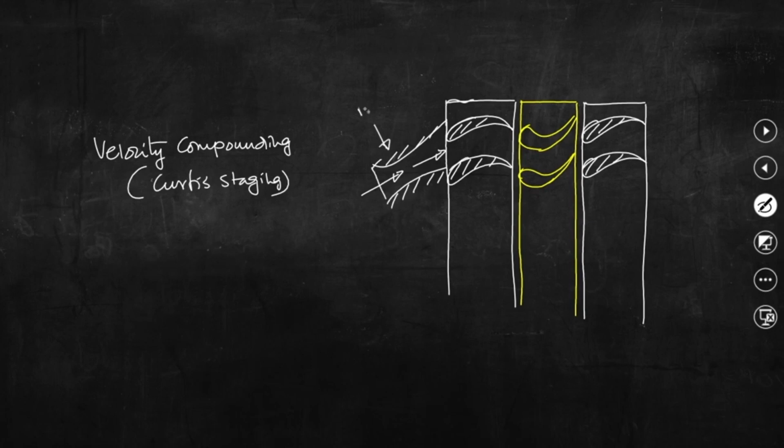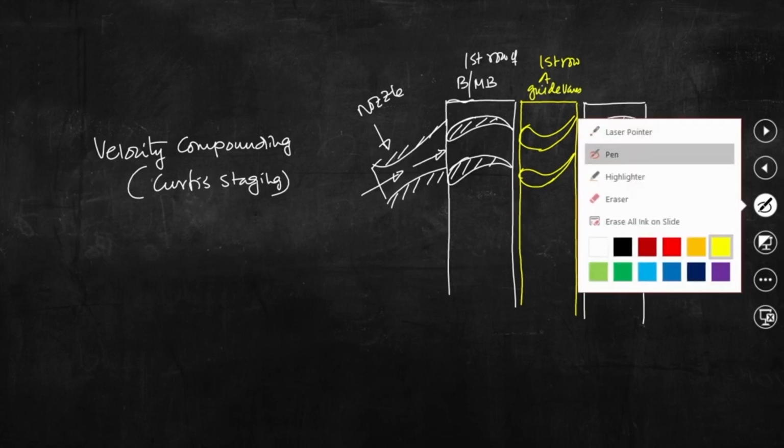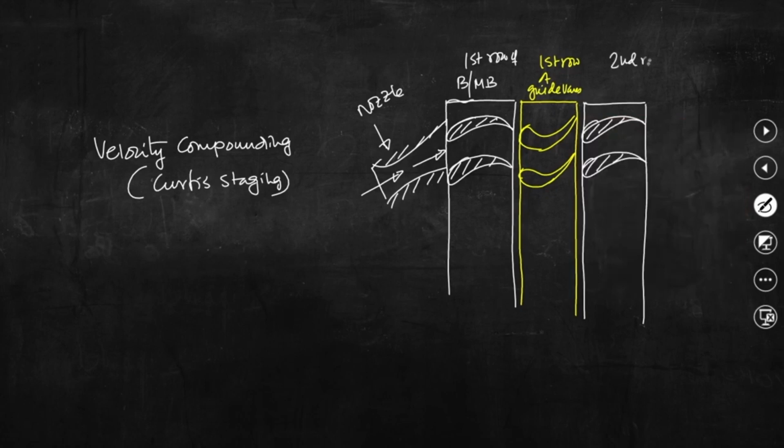So, this is nozzle and this is first row of blades or moving blades, and this is first row of guide vanes, and this is second row of blades or moving blades.